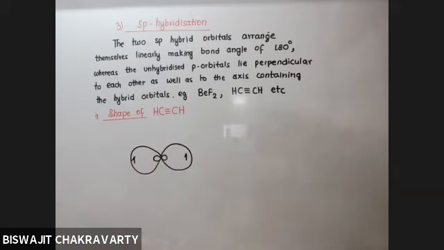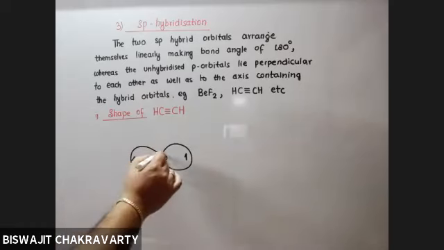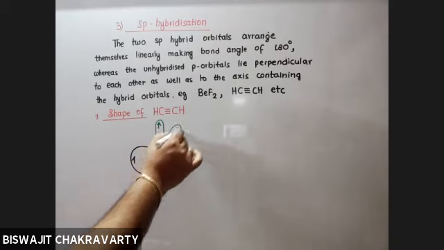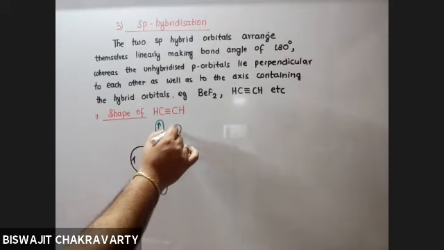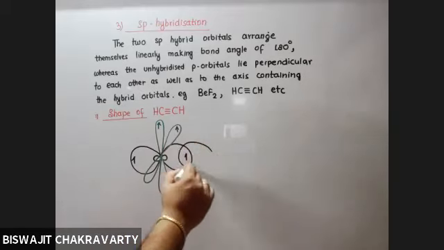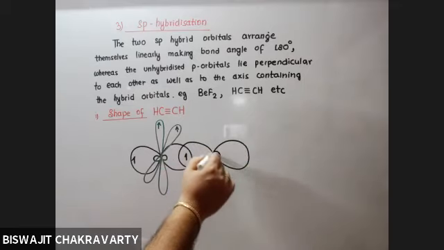Now even the unhybridized p orbital associated with each carbon will have an unpaired electron, isn't it? So if carbon undergoes sp hybridization, there will be two hybrid orbitals and two unhybridized p orbitals, all of which contain one unpaired electron each. And in the same way, the other carbon will also have the same kind of configuration.